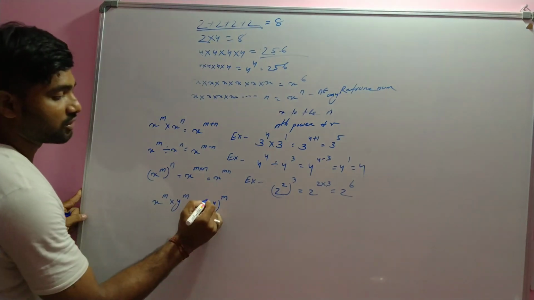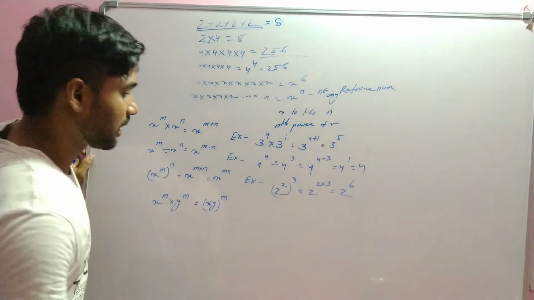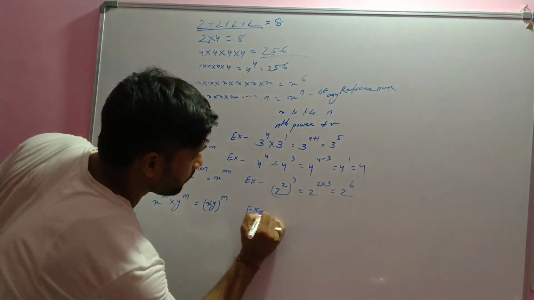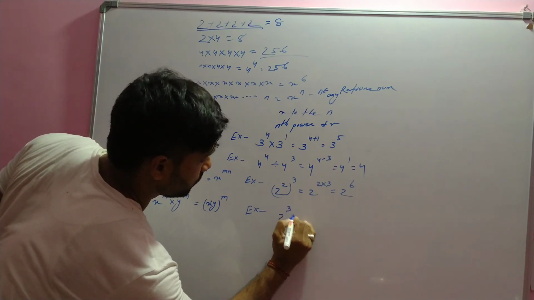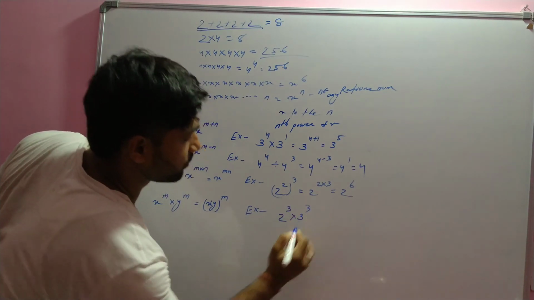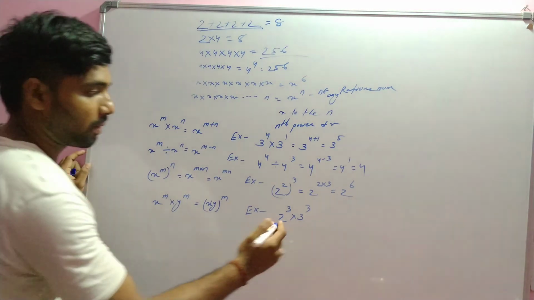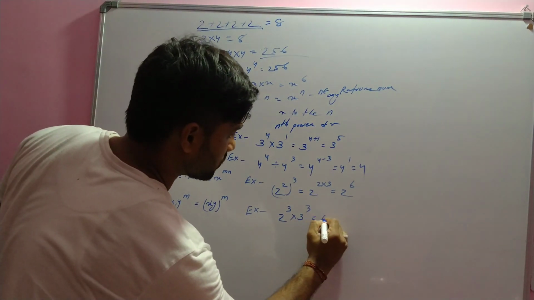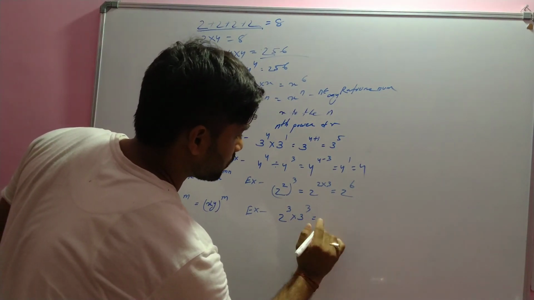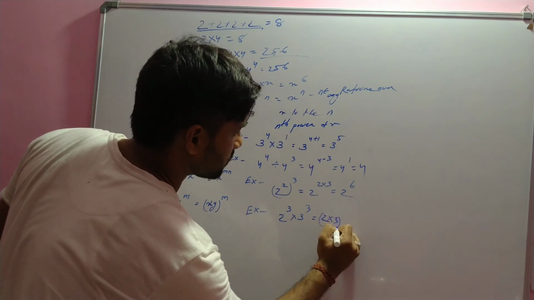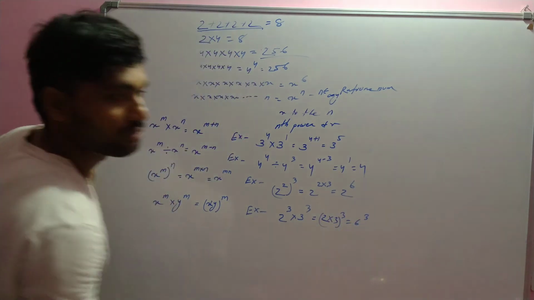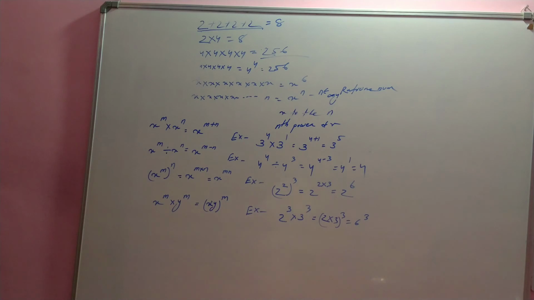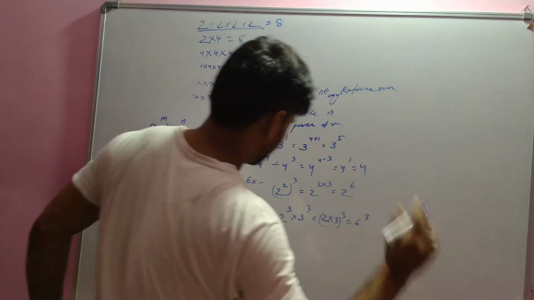That means x into y to the power n. Example, 2 to the power 3 into 3 to the power 3. Both numbers have the same power, so 6 to the power, 2 into 3, 6 to the power 3. Okay, 6 to the power 3.